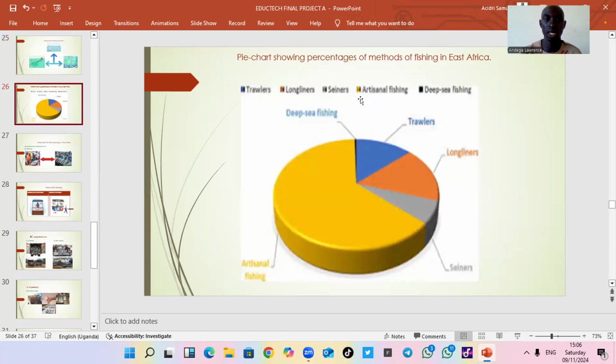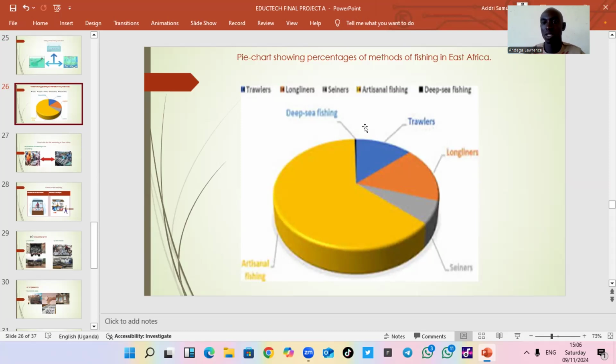So this pie chart shows percentages of methods of fishing used in Africa, especially in East Africa. So in East Africa, we use trollers, we use long liners, we have seiners, we have artisanal methods of fishing that I called traditional when I was explaining. We have deep sea fishing methods.